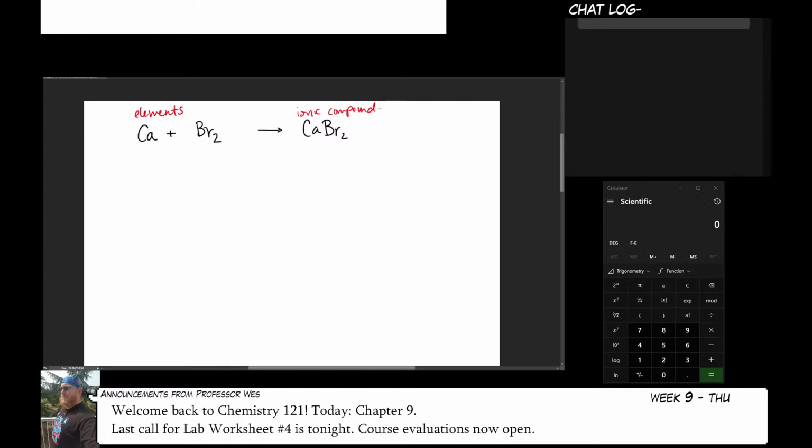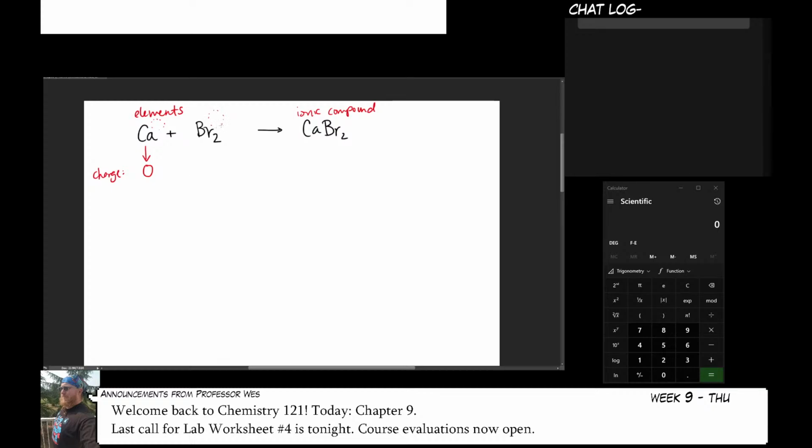Now remember that elements are neutral, so if I ask you what the charge of an element is, don't immediately do this. Yes, calcium wants to make a +2 charge, but that's only when it's an ionic compound. What's the charge on calcium? Well, if it's by itself, it's nothing, right? That's because it still has all its electrons. How about bromine? What's its charge?